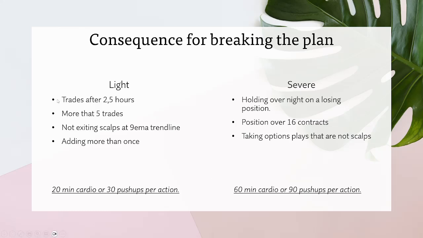We have some light rules over here, which are lesser mistakes like trading after 2.5 hours or taking more than 5 trades. And we have more severe rules, like holding overnight, adding too much instead of getting out, or taking options plays that are not scalps.